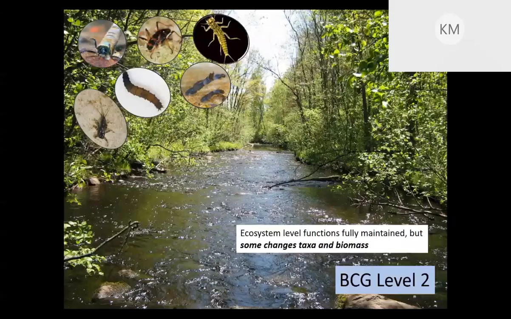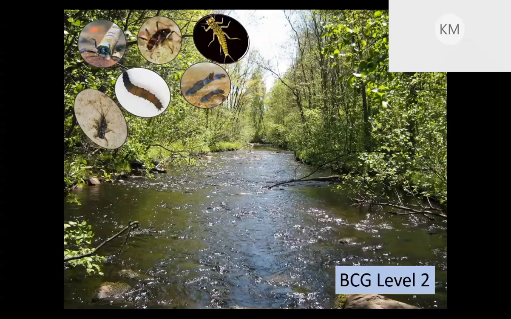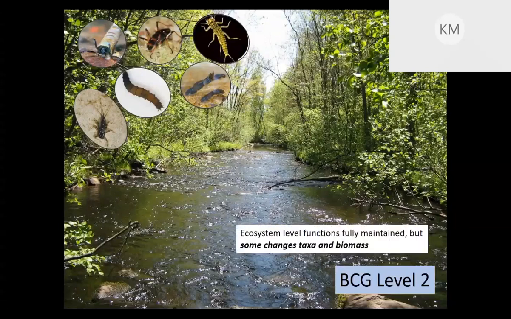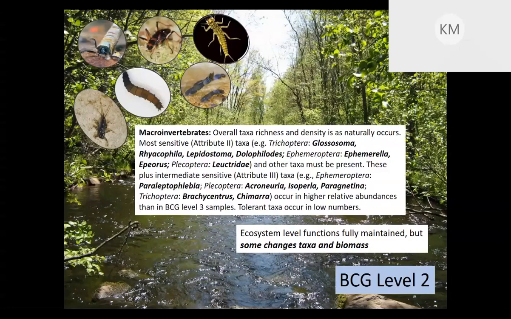The other nice thing about the BCG, other than that we now have a tool to assess attainment or non-attainment of our goals, is that there's additional information bound up within each BCG level, and you can look at it at different scales. BCG level 2 has narratives associated with it: ecosystem level functions fully maintained, but some changes in taxa and biomass. There are further details regarding the taxa that are present.